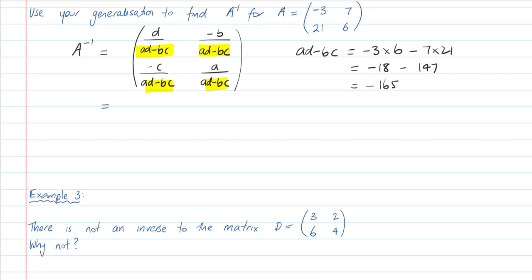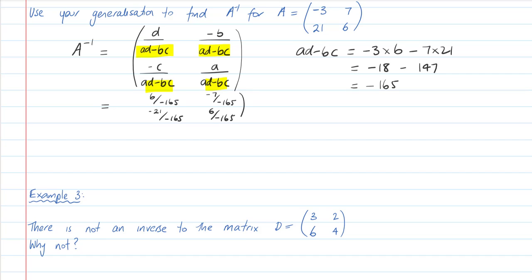So I get D, which is 6 over negative 165, negative B, which is negative 7 over negative 165, negative C, which is negative 21 over negative 165, and then negative 3 over negative 165. Now, 165 is not divisible by 7, but it is divisible by 3. It is 55 when you divide it by 3.